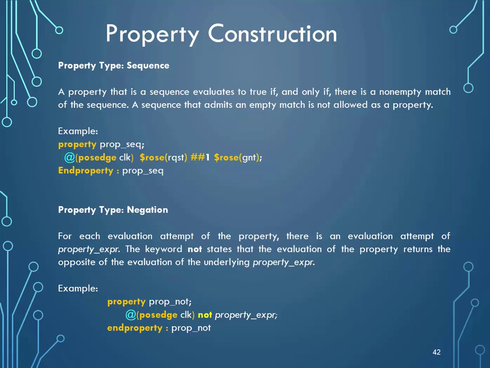So we can use property type as sequence. We follow this example. We define the property, we need a clocking statement, and we start specifying our checking. In this case, there is the difference: we have a sequence, but inside a property. It is not a sequence embedded into a sequence block, but just a plain sequence inside the property body.